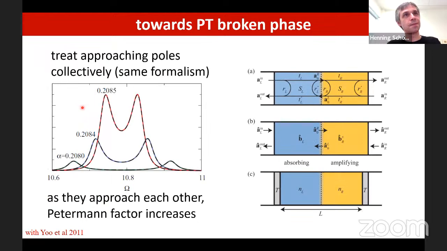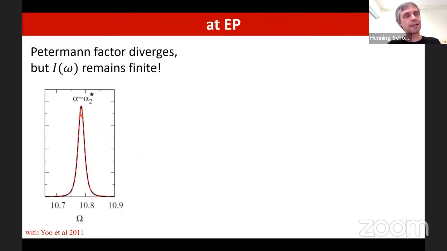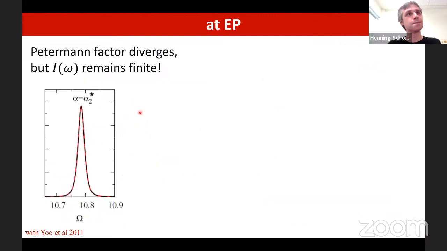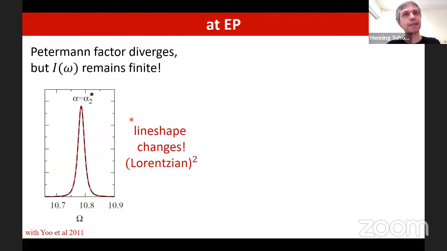What changes from this point to this point is that instead of having Lorentzians to which we can fit our signal, we get a different line shape, namely the square of a Lorentzian. So fortunately, nothing diverges in physics. Even so, some mathematical quantities like the Petermann factor might diverge at the exceptional point. It indicates something that we can also measure, but that we first have to figure out. In this case, it is the change of the line shape.